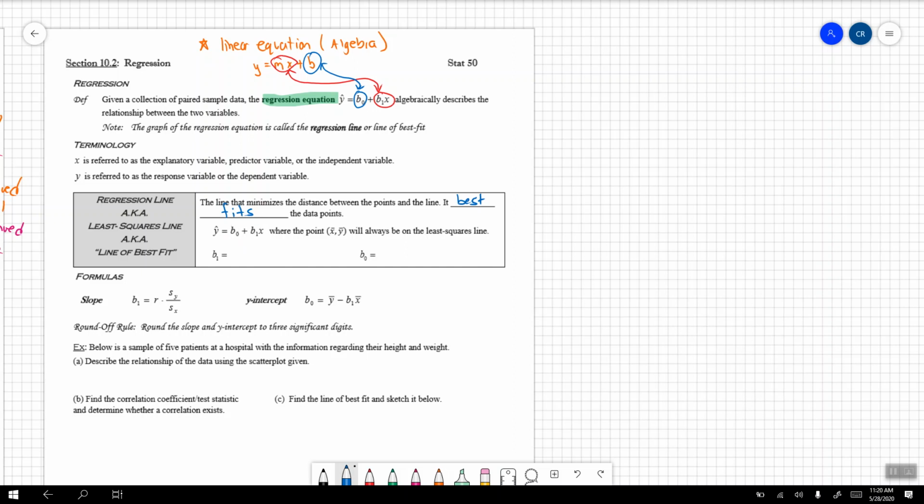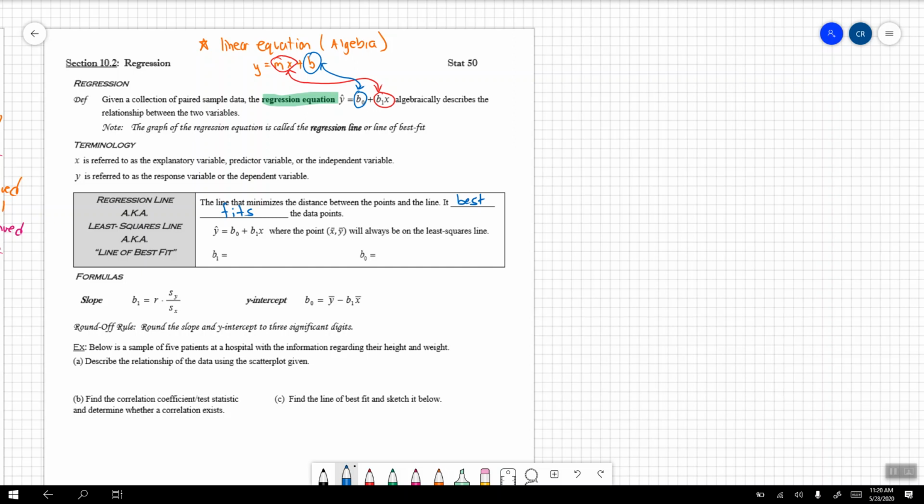where the point x bar, y bar will always be on the least squares line. So x bar, y bar is kind of like that midpoint that we observe for this line, or the midpoint for the data set values that we're going to be looking at.